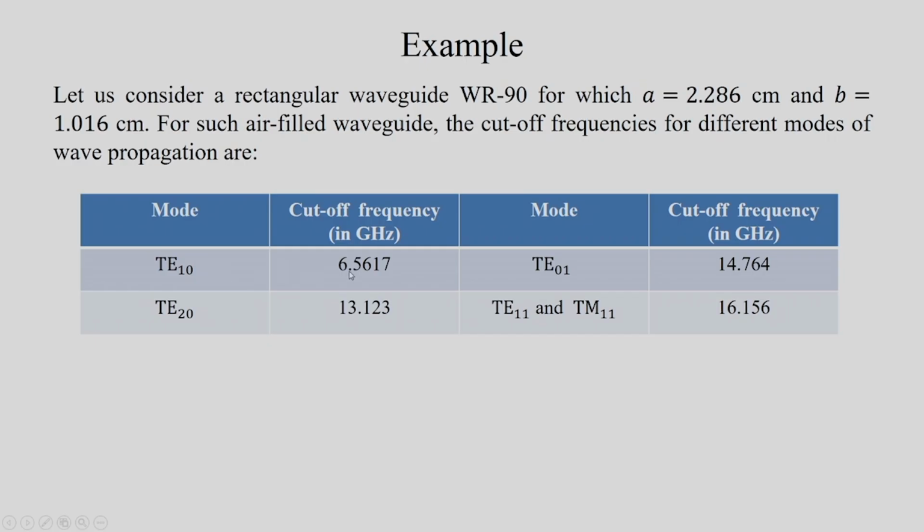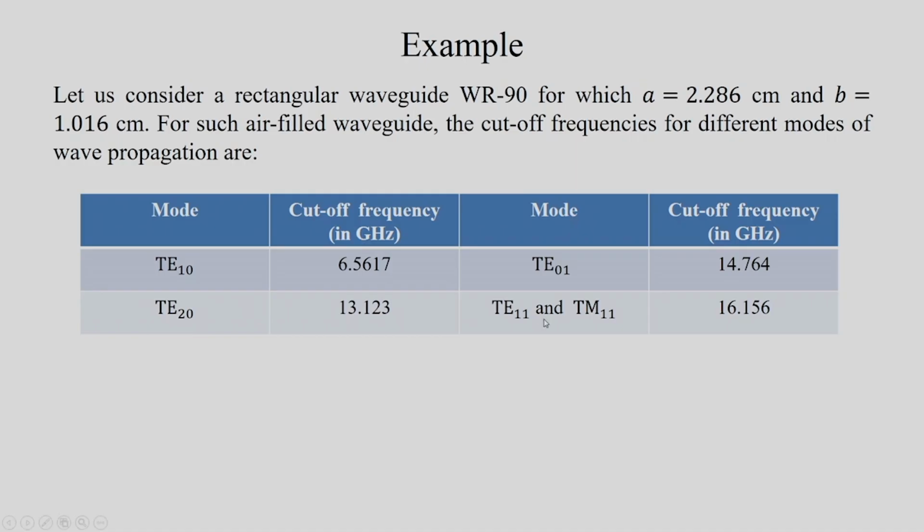So, from 6.5617 to 13.123, in this frequency range, the dominant mode TE10 only propagates in such a waveguide, and therefore, WR90 is often used in the X band of frequencies, that means from 8 to 12 gigahertz, when we require single mode propagation.